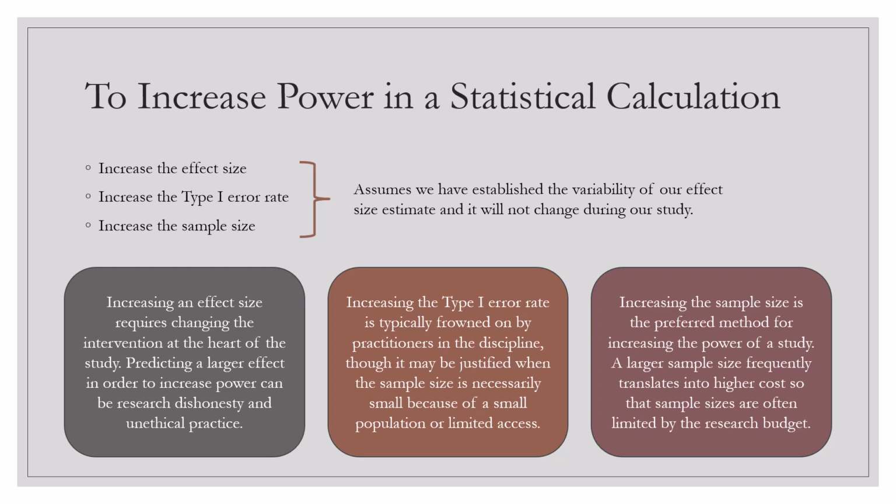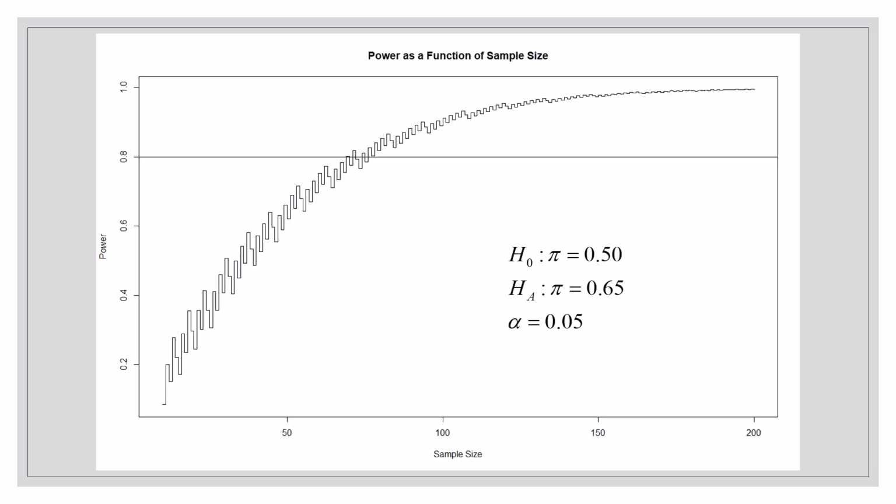So focusing on the best way to increase power, that is by increasing the sample size, let's look at a power curve that shows power increasing as a function of sample size. Here I am using the same null hypothesis and the same alternative hypothesis that I did in the last video. The null is 0.50, the alternative is 0.65, and the type 1 error rate is 0.05.